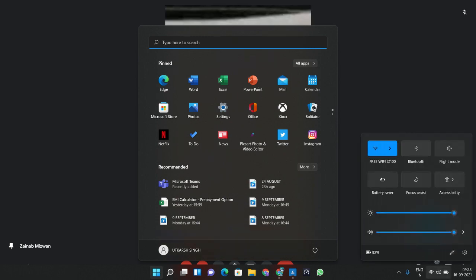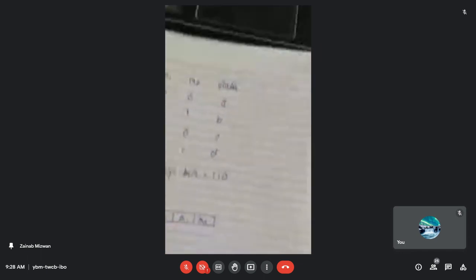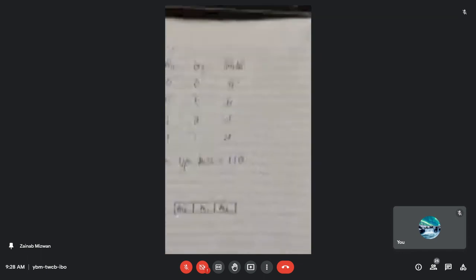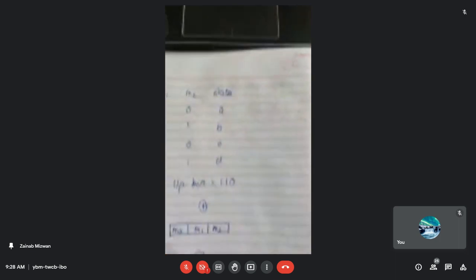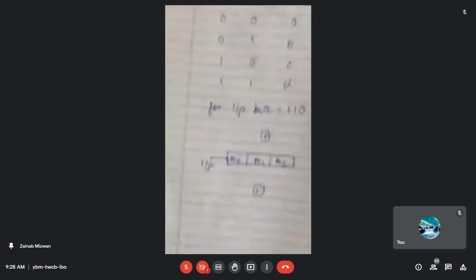Again, the same generator sequence I'm going to use. I'm not going to change the generator sequence over here. We have the modulo 2 adder over here. The input is being given to M0.